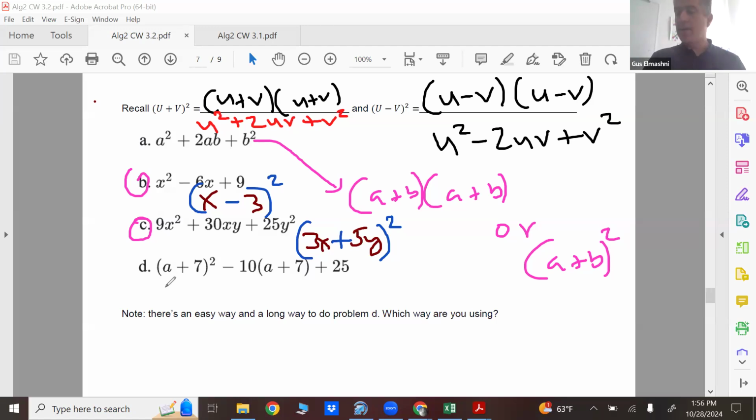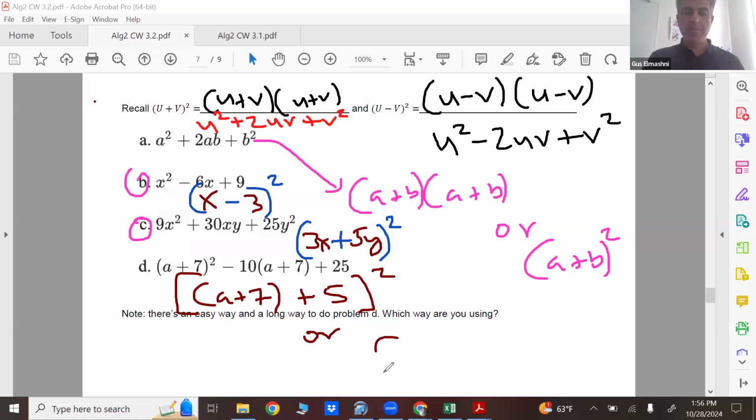How about for the second group? Part C, what would you do for that one? 3x and 5y. Yes. Okay, D is kind of a funny one.